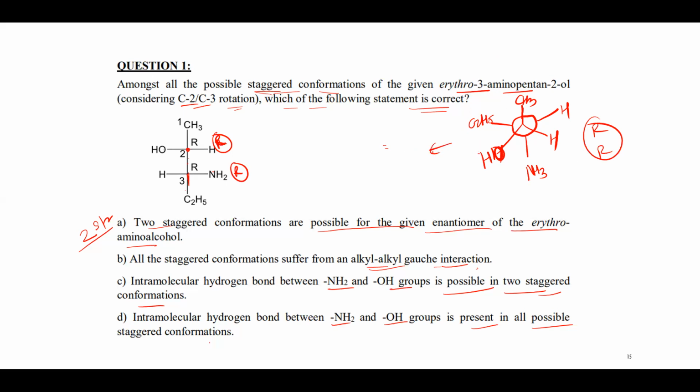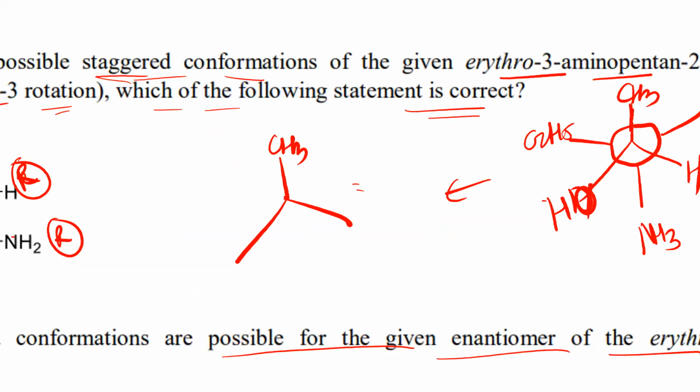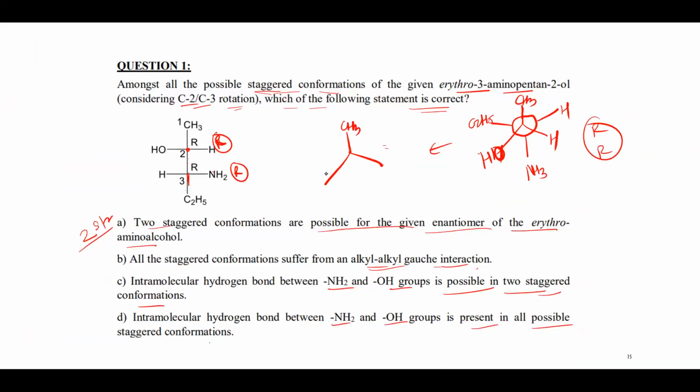And what are the different staggered conformations possible? If I rotate this molecule by 120 degrees, what is the possible structure? I will rotate the backside carbon atom, and this is the hydrogen and this hydroxy group.